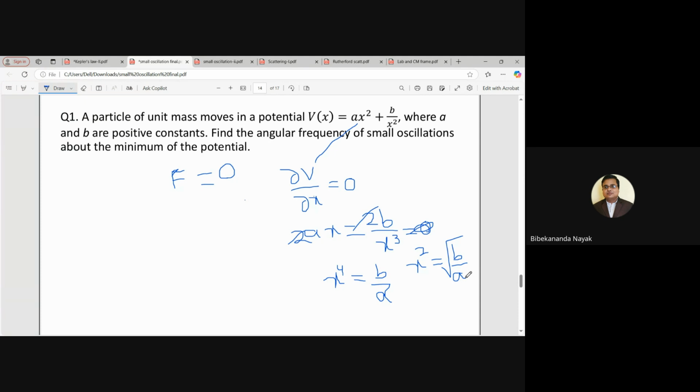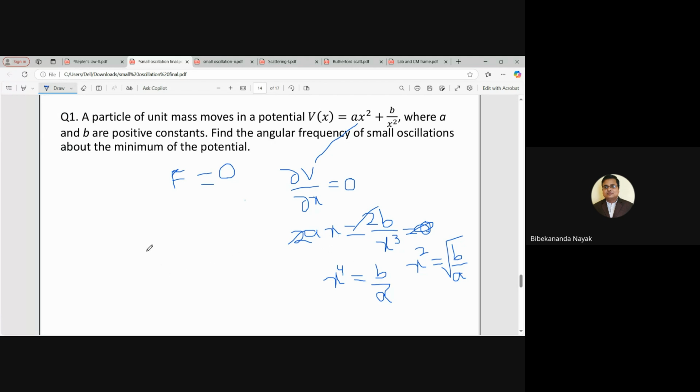Then take its second derivative and put this value, to check whether it is small oscillation or not. Actually, this is only one point. So the second derivative will be how much? The first derivative is 2ax.